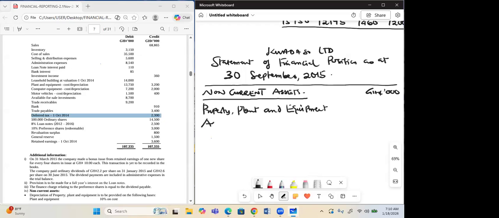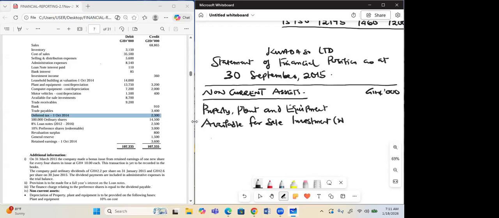Then we have available for sale investment. Is that clear? Available for sale investment, a long-term investment, so non-current asset. So please, the available for sale investment, it was working number what? We worked it and we got a figure. Can you give me that?